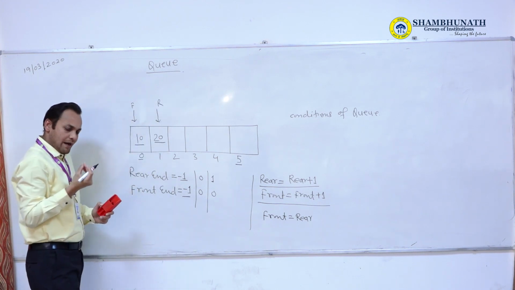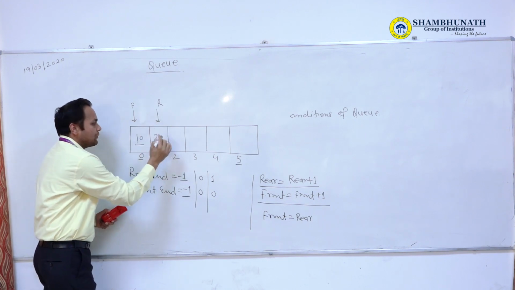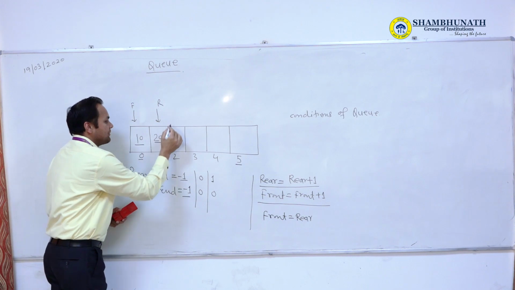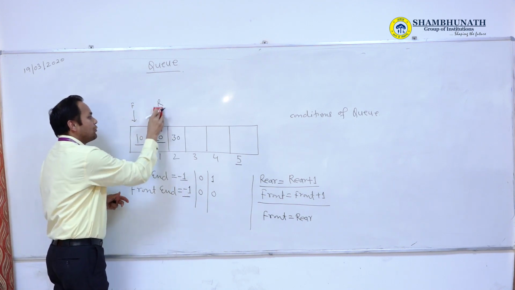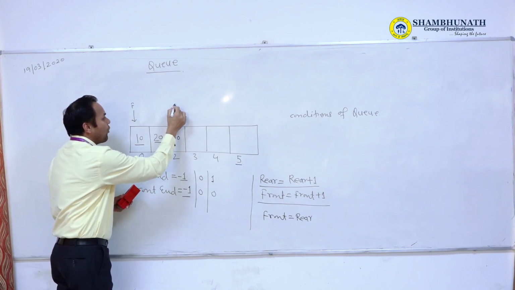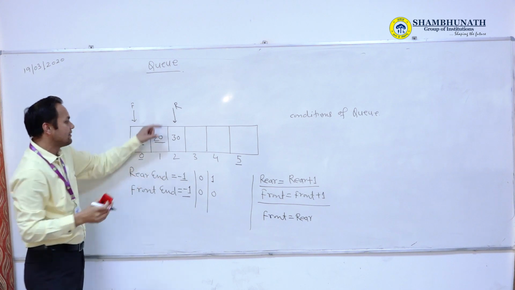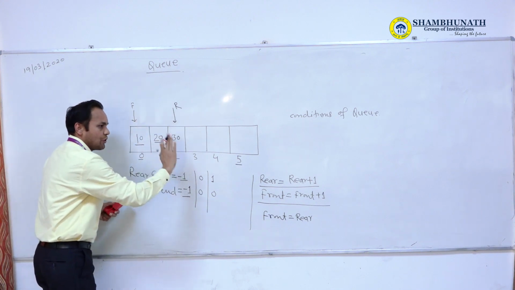Another user wants to insert a data element at the rear end of the queue. The rear changes. That element is 30. The position of rear will increase by 1 and R is located here. Okay, this operation is going on.